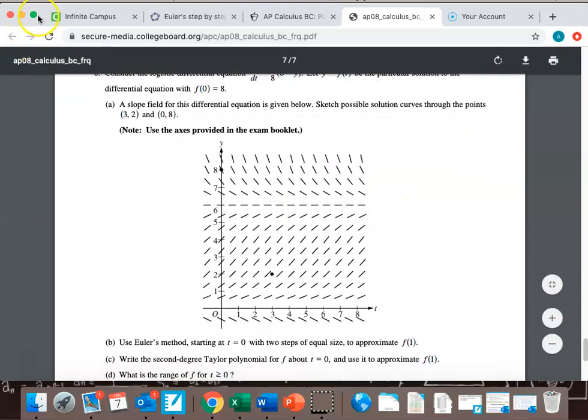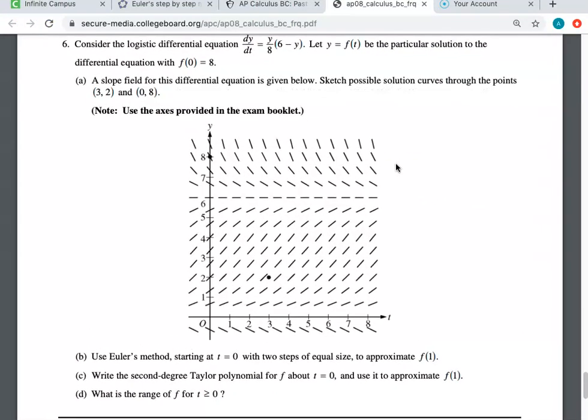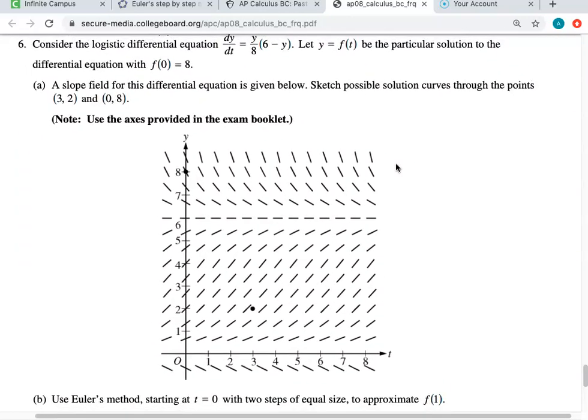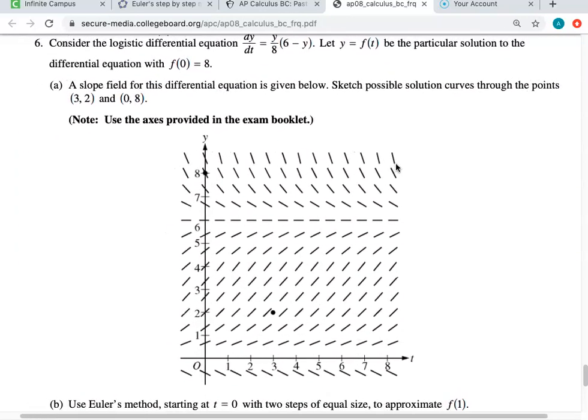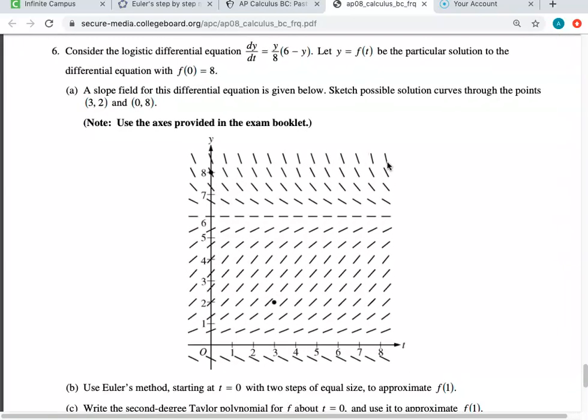And what I like about this problem is it's part what we did yesterday and part what we're doing today. So let me move this down. Let me make this a little smaller. Okay. All right. So here's the thing. For problem number 6, consider the logistic differential equation.